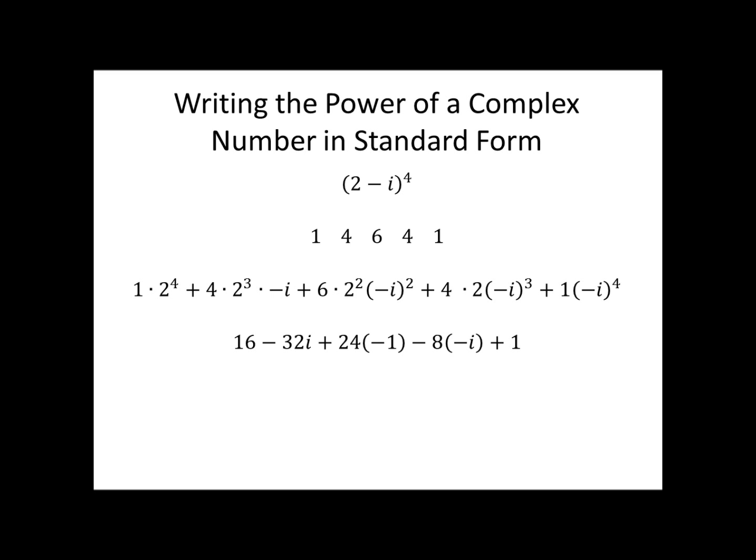2 to the fourth power is 16. 4 times 2 cubed is 32, so my second term is minus 32i, plus 24. Now that negative 1 came from the i squared. So i squared is equal to negative 1, so we introduce a new negative 1 to replace that i squared. i cubed is negative i.